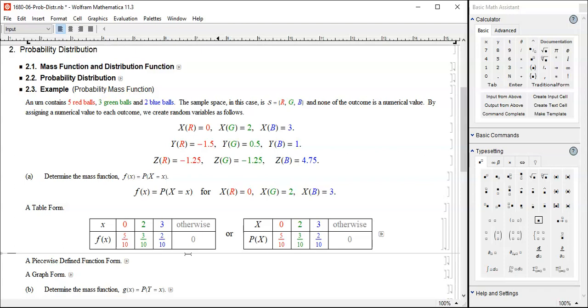Now this problem specifically asks you to use small f for the probability mass function. So I have small f of x here, but most typically you're going to use small p for probability mass function if specified otherwise. But then again, here we have 3 random variables, x, y, and z.